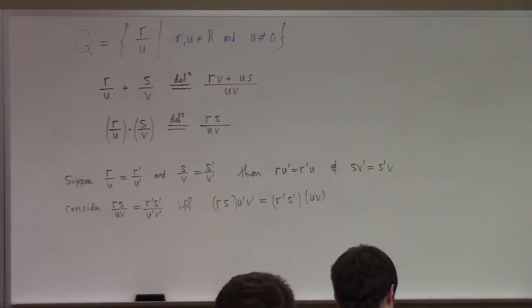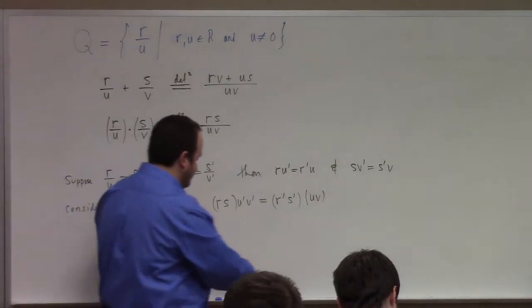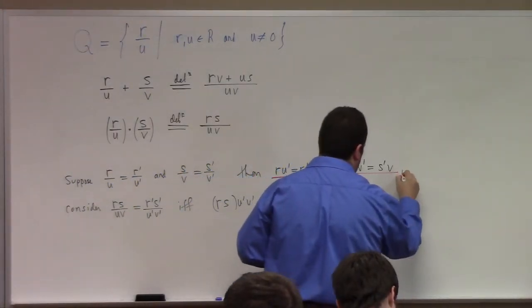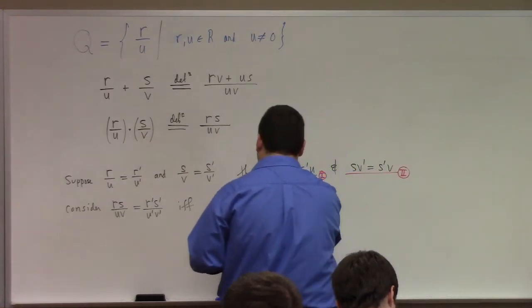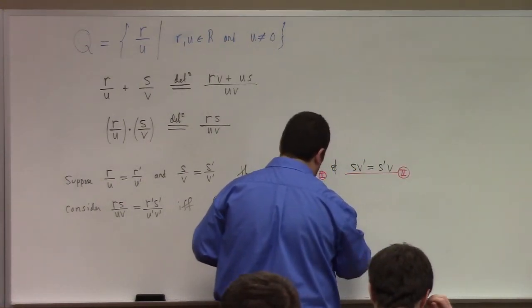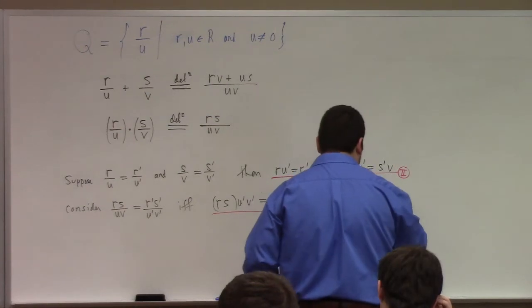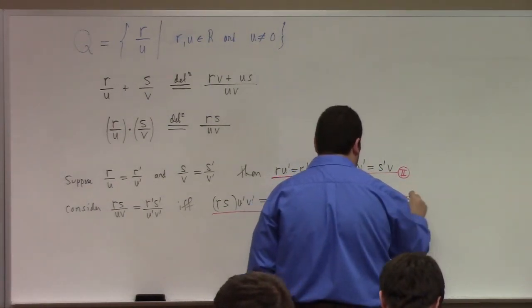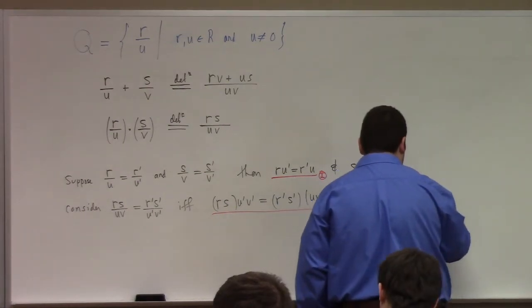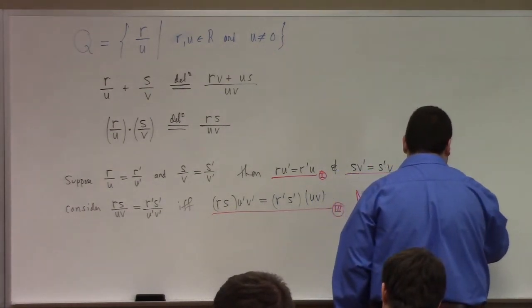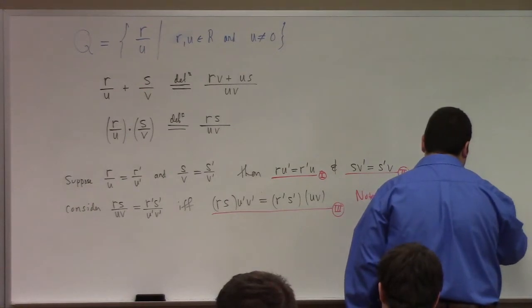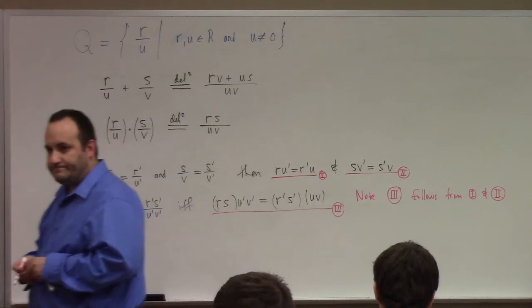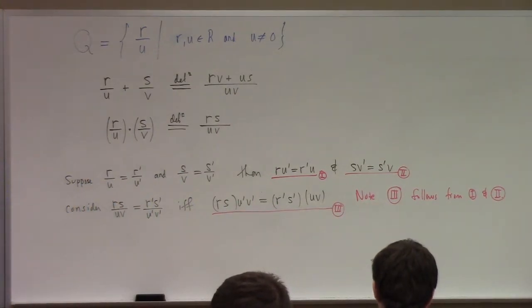But let me call this 1. Let me call this 2. Let me call this 3. But, well, note maybe is a better word. Note 3 follows from 1 and 2, right? Am I right?